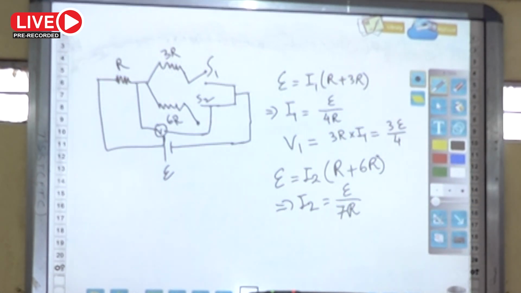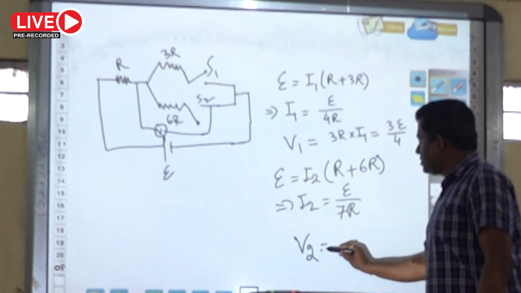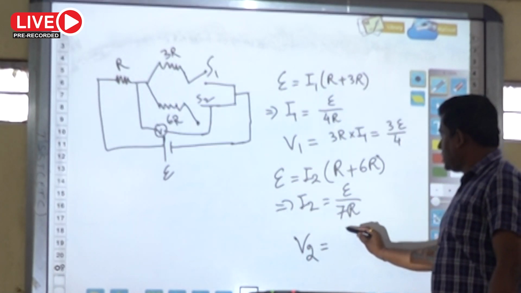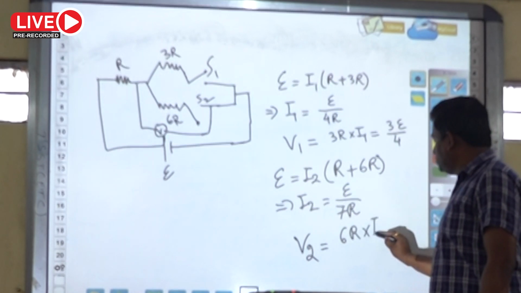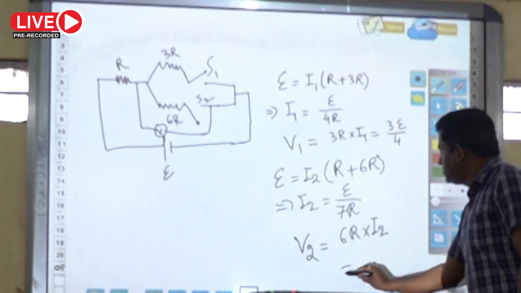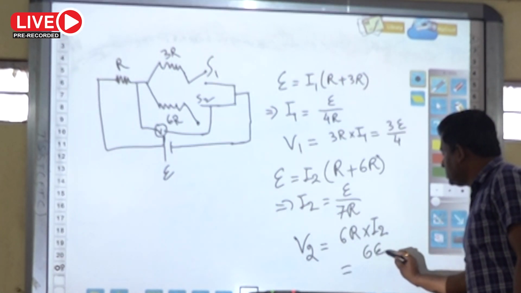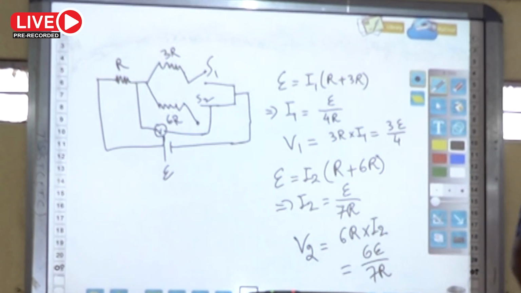The potential difference measured by the voltmeter, V2, is 6R into I2, so that is 6E by 7. This is the voltage measured by the voltmeter now.